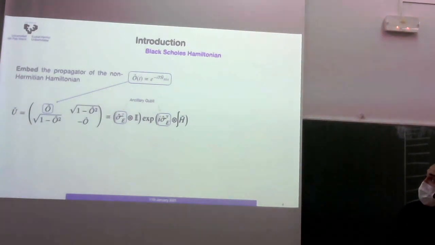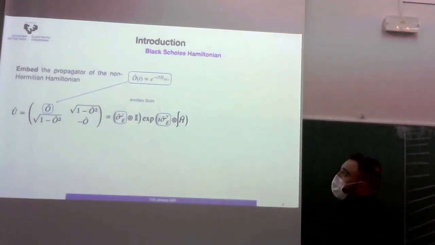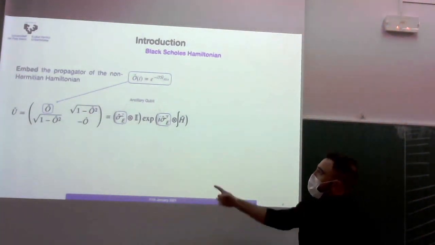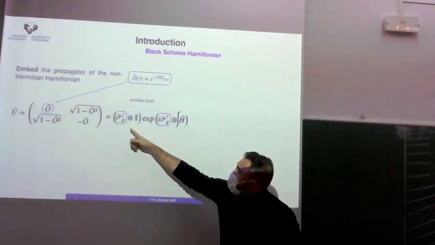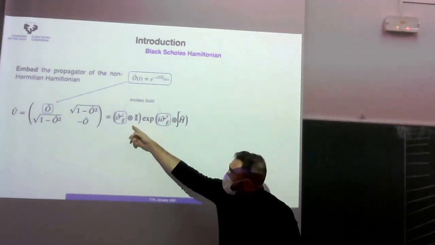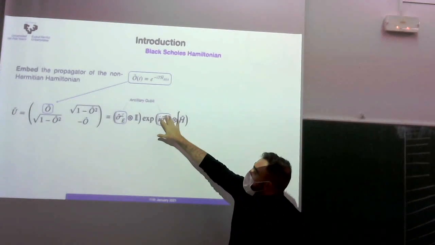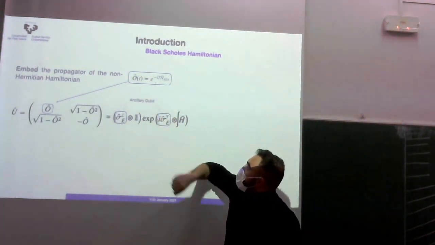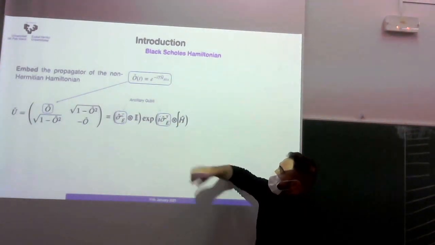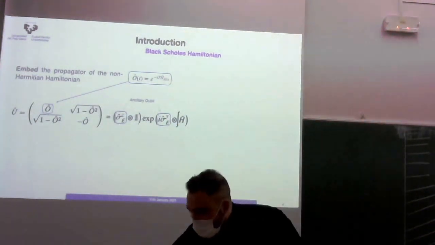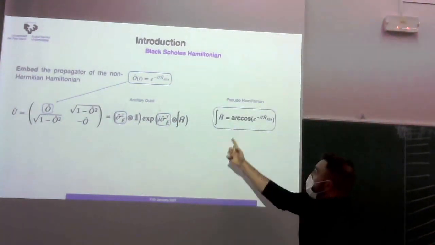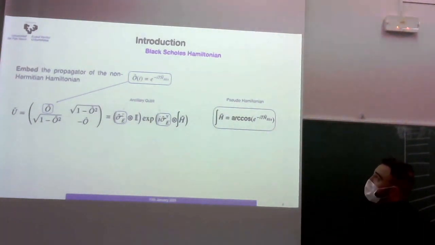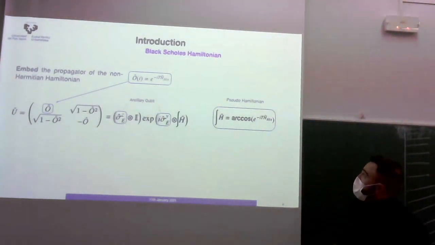So we can embed the propagator of the non-emission part with a technique which is called unitary dilation. So by using one single ancillary qubit, we can introduce this ancilla and hence obtain an operator which can be expressed as an exponential of a sigma y operator plus a pseudo Hamiltonian that is the cosine of the propagator that was not emission.